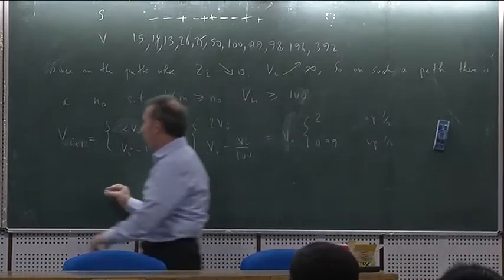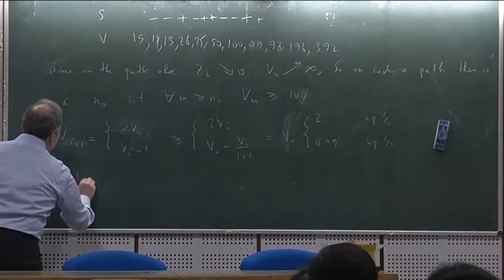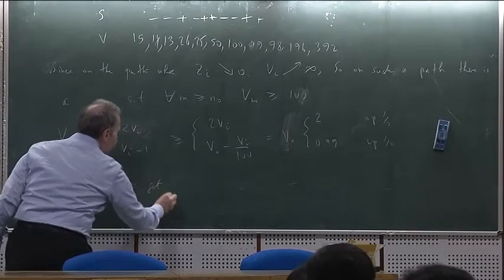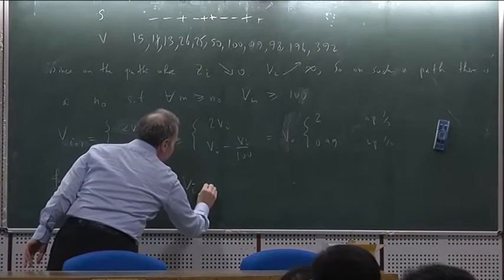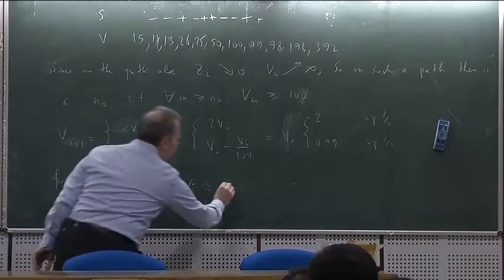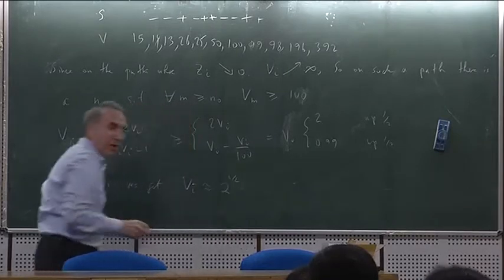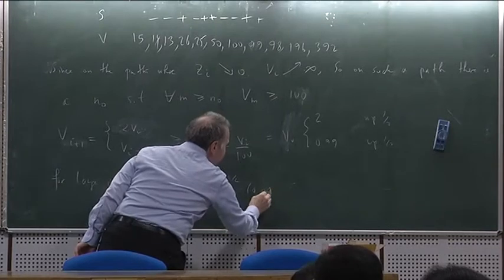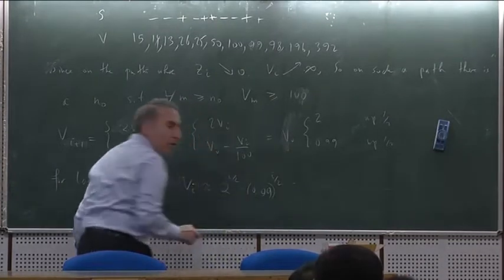So if I look at large I, we get v sub I should be about... So what you have is that you're multiplying by 2, I over 2 times. You're multiplying by 0.99, I over 2 times.